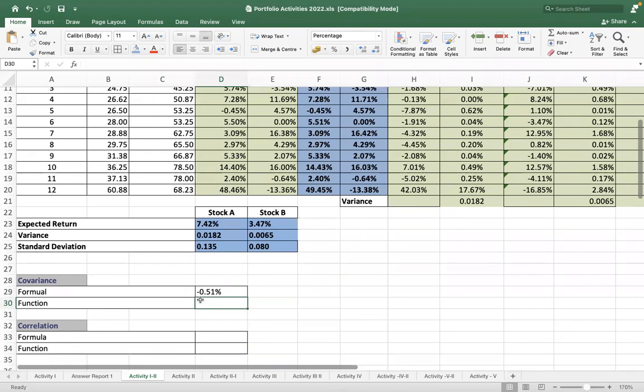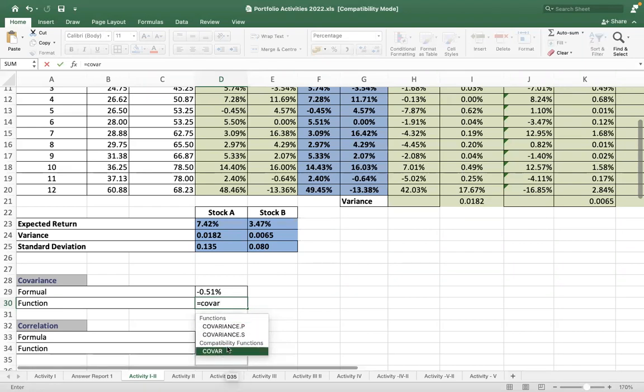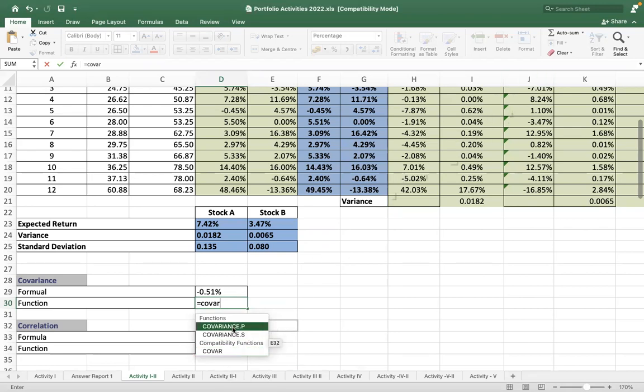Then the function is covariance, COVAR, in compatibility functions, that is covariance, that is the earlier version. Here I am using the 2019 version.